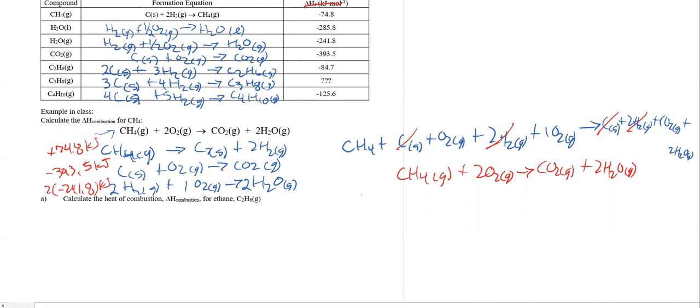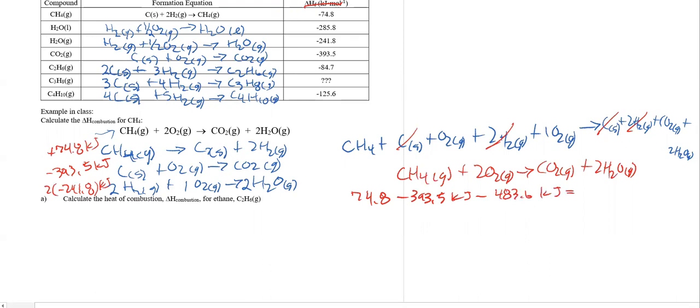So I'm going to add those together. 74.8 minus 393.5 minus 2 times 241.8, which is 483.6.